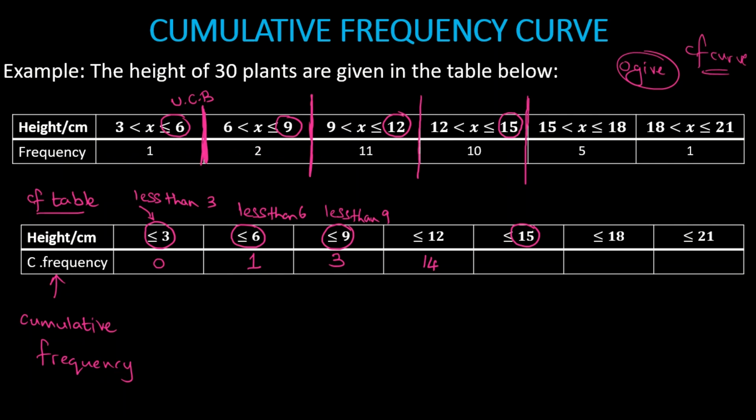So this is the limit for 15, less or equal to 15, meaning 10 plants plus 11 plants plus 2 plants plus 1 plant, meaning 24 plants in all.